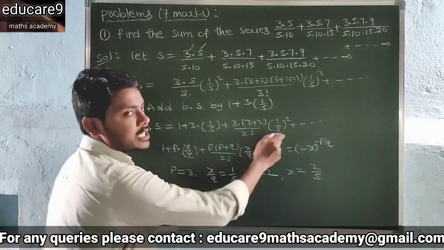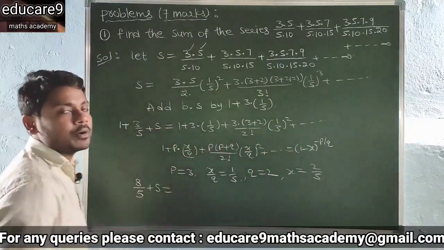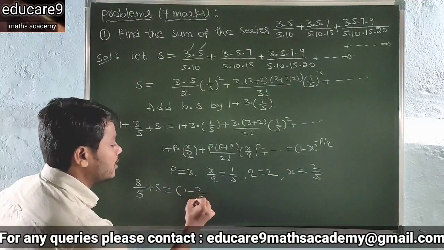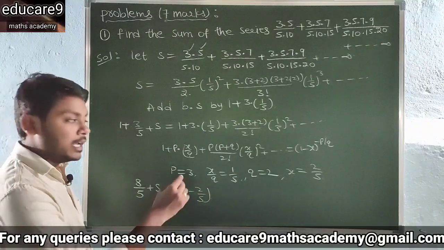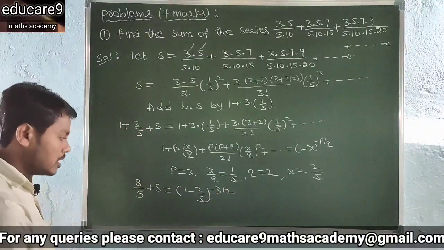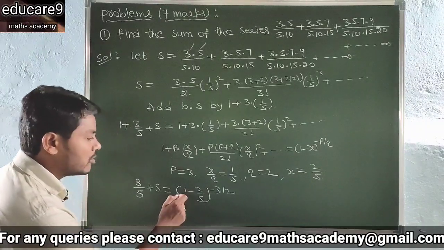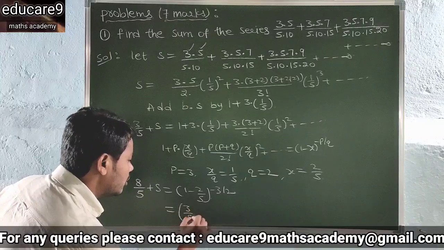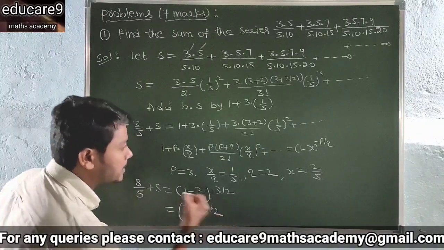Then how to write this expansion? 1 minus x whole to the power of minus p by q, that is 1 minus 2 by 5 whole to the power of minus p by q, that is minus 3 by 2. Okay. Now this is equal to 1 minus 2 by 5, this is 3 by 5 whole to the power of minus 3 by 2.